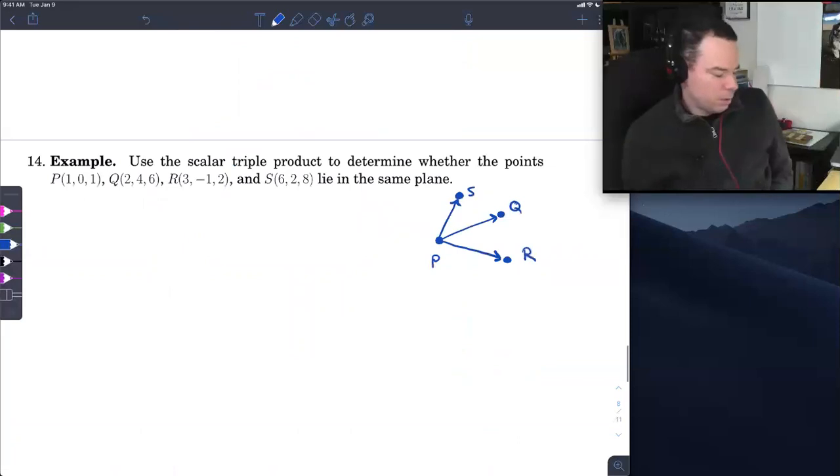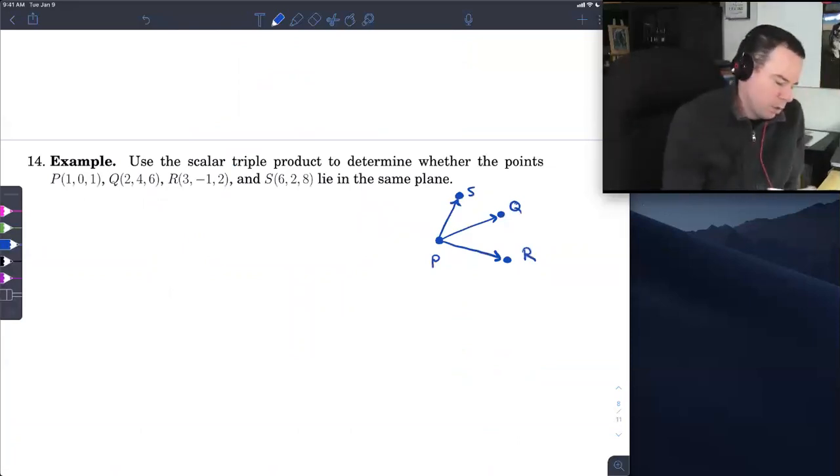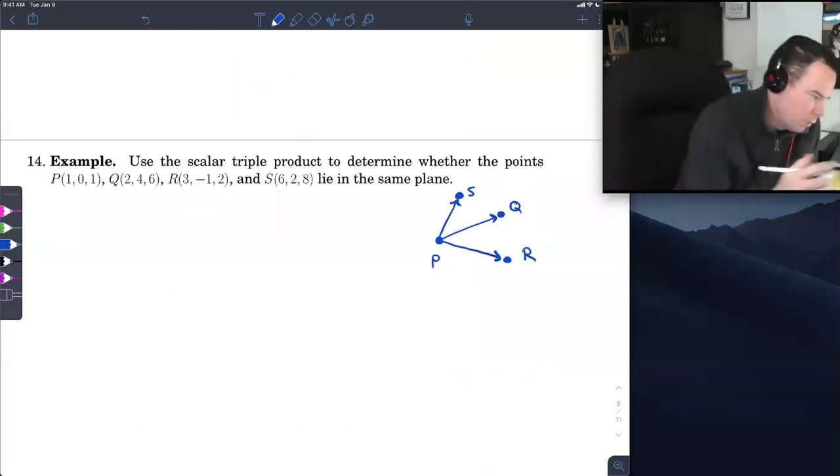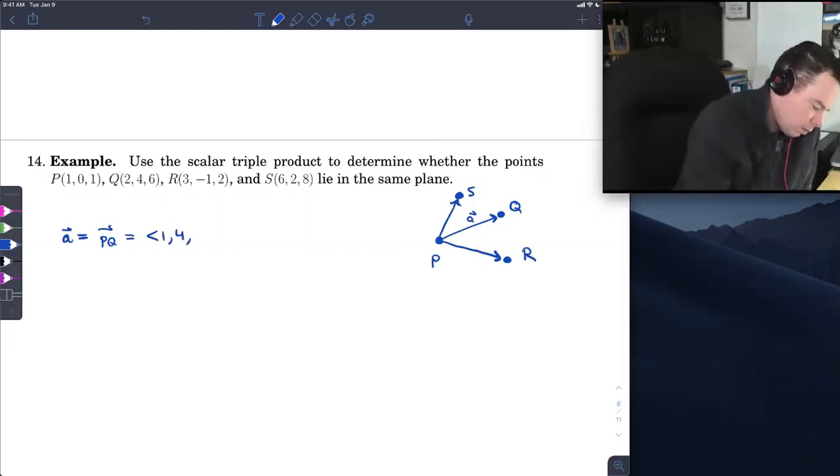So in order to determine whether these things lie in the same plane, we're going to use the scalar triple product to find the volume of the parallelepiped. So we're going to do these vectors. I'll call the first one A, that's our vector PQ, and that's 1, 4, 5, taking from Q, removing 1 from the X and the Z component.